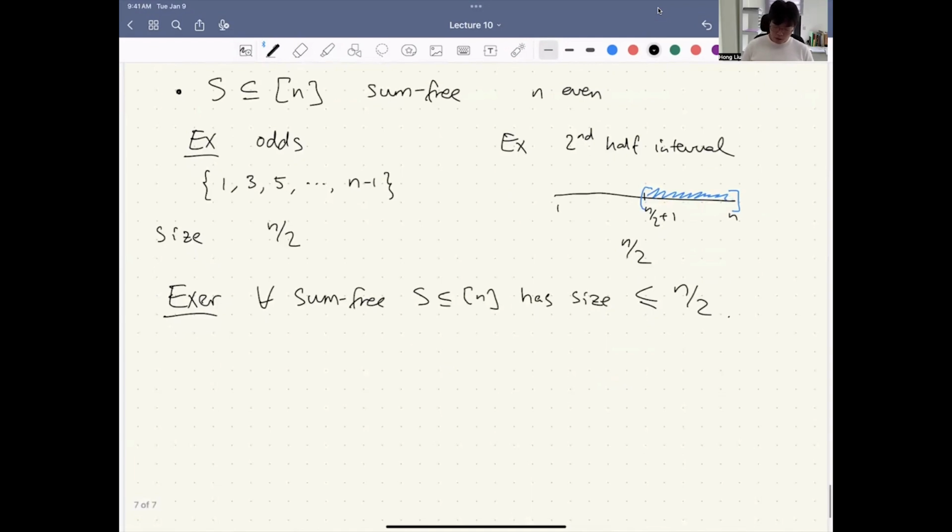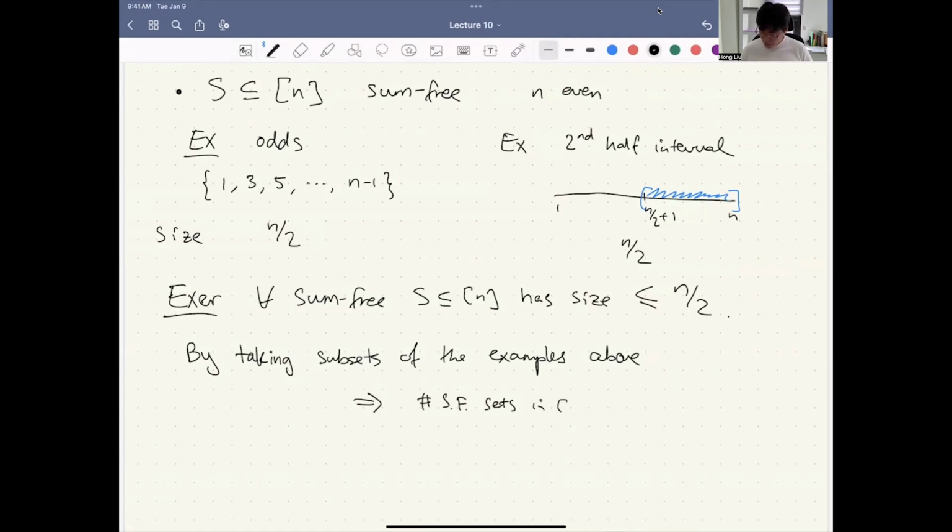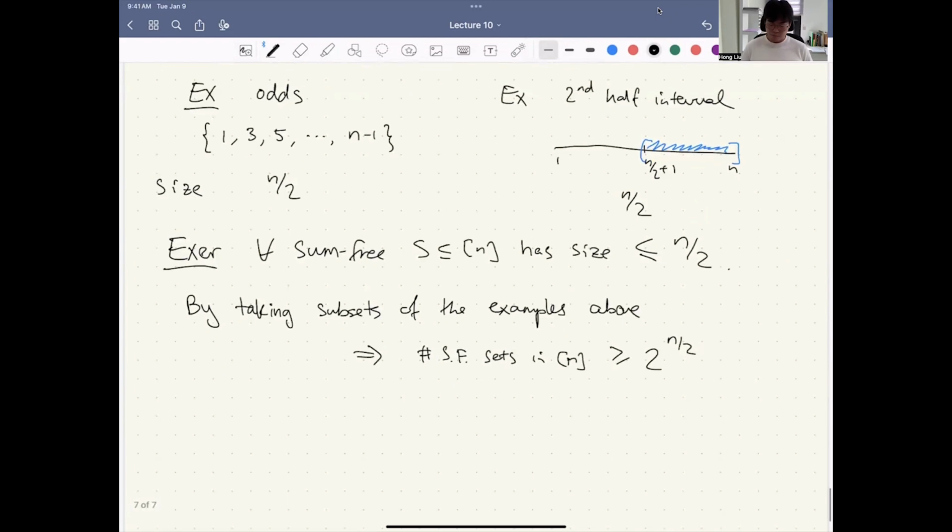So by taking subsets with the examples above, we get that the number of sum-free sets in [n] is at least 2 to the n over 2. Conjectured by Cameron and Erdős and proved independently by Green and Sapozhenko.